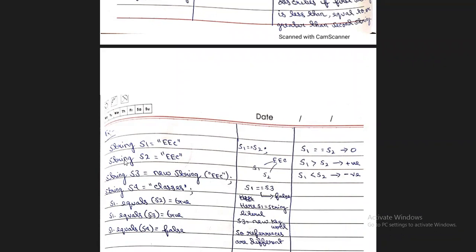First, String s1 = "EC". Next, String s2 = "EC", a string type variable which also has value EC.